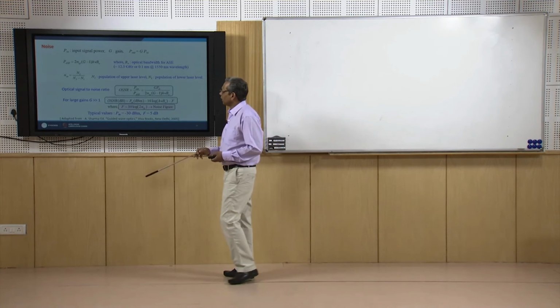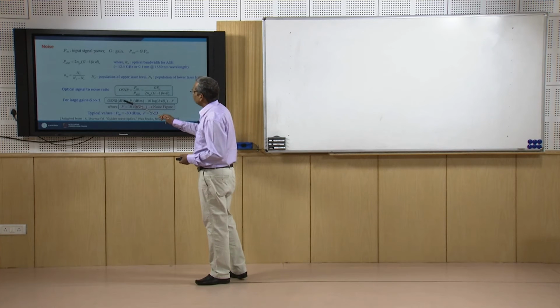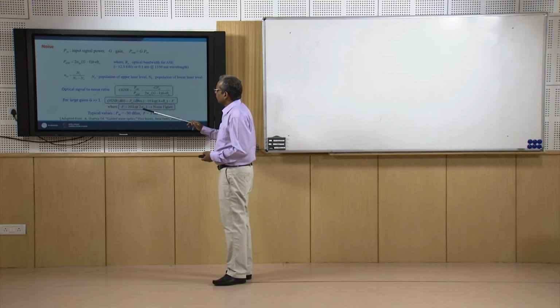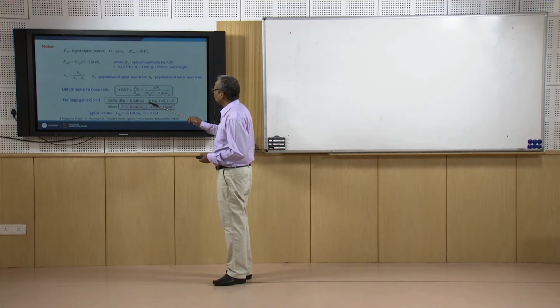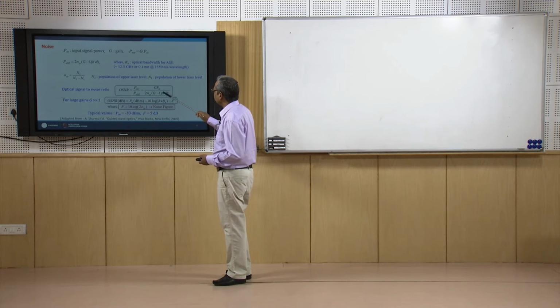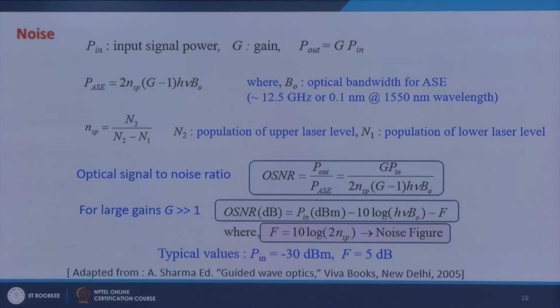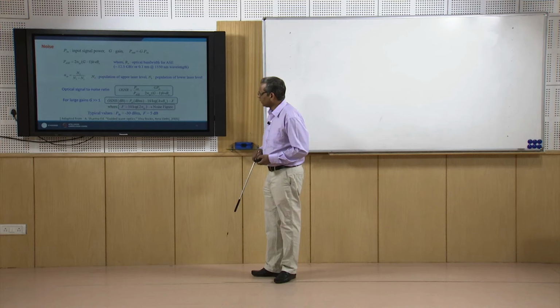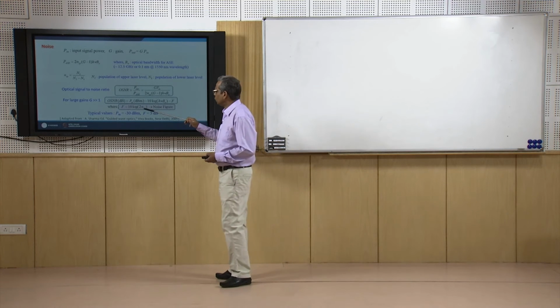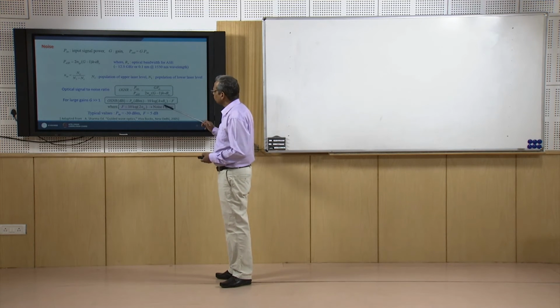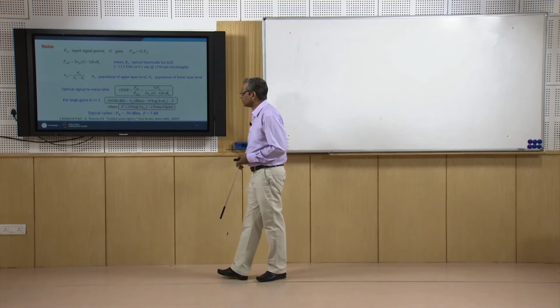Then I can convert this into dB as P in dBm minus 10 log h nu B0, which comes from here, and minus a factor F, where F is defined as 10 log 2 NSP, and this is basically the noise figure.